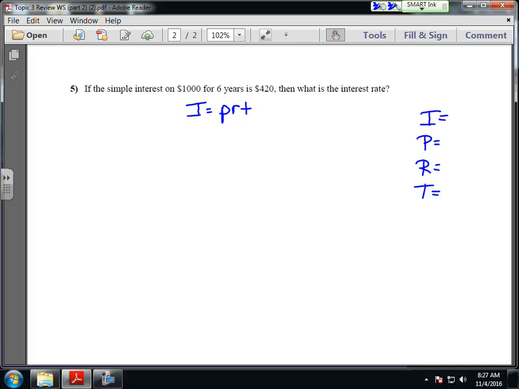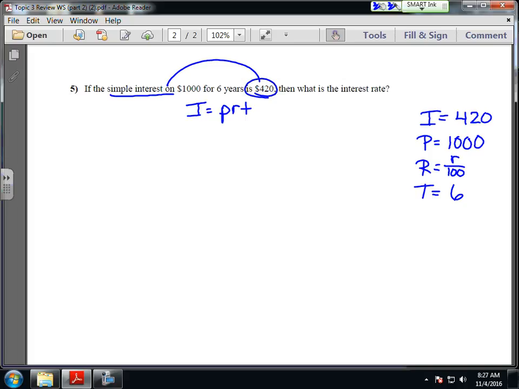Right away, it says the simple interest on $1,000 is $420. So the interest is $420. What's the principal? Yeah, it's $1,000. What is the time? Yeah, it's 6. And we don't know the rate, but we're not going to write the rate just as R. We'll write it as R over 100.